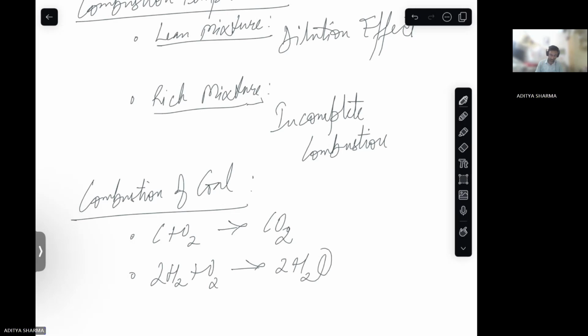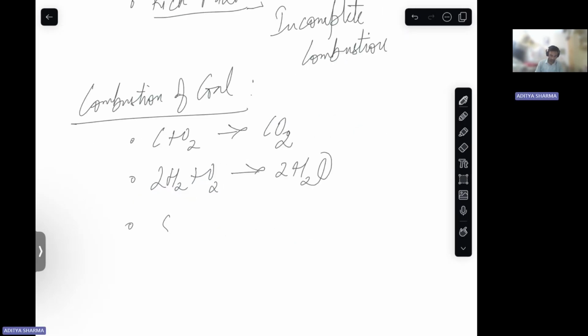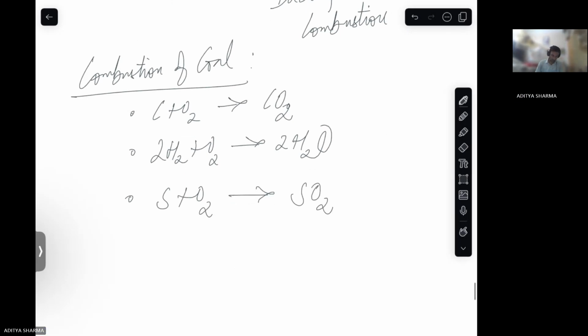It gives you this. And for sulfur, it is sulfur dioxide. Now, the weight of oxygen that is required, in terms of weight of carbon, is 2.76 for carbon. For hydrogen, it is 8. For sulfur, it is the same as for oxygen. Okay.